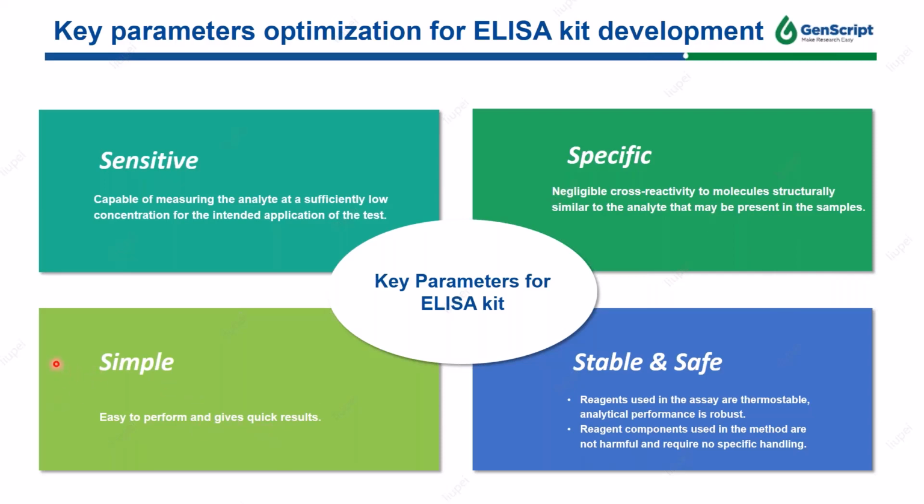The kit should be easy to perform and give quick results. The kit should also be stable and safe. The reagents used in the assay are thermostable and the analytical performance is robust. The reagent components used in the method are not harmful and require no specific handling.